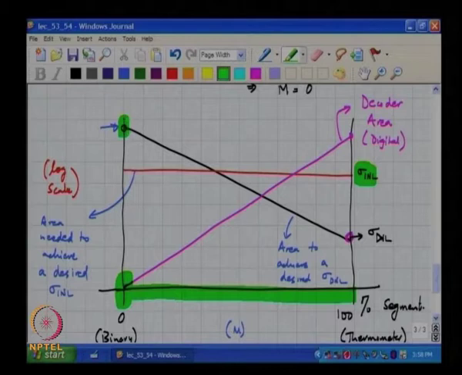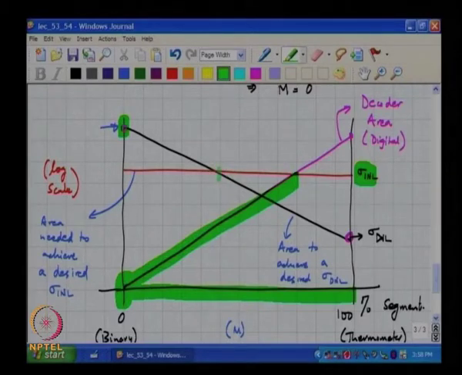So, I would keep increasing the segmentation until I hit the sigma INL line, and beyond that the total area is basically this plus the digital area, which is going up exponentially.